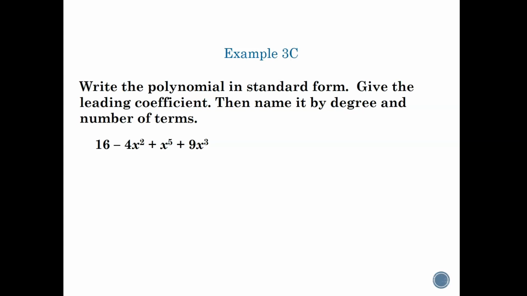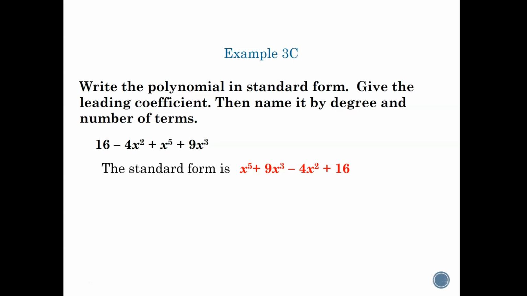Example C, we have 16 minus 4x squared plus x to the 5th plus 9x cubed. So now I have a few extra goals. We want to put it in standard form. We want to give the leading coefficient, and we're going to name it.